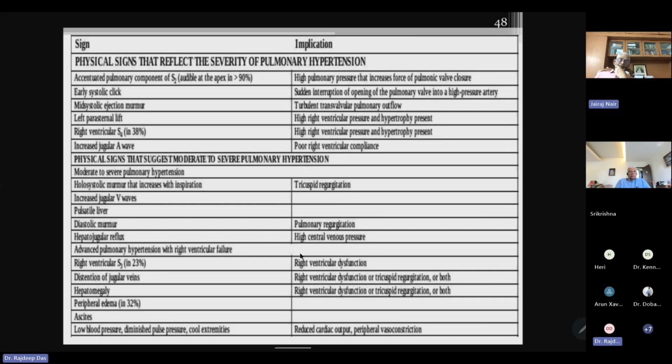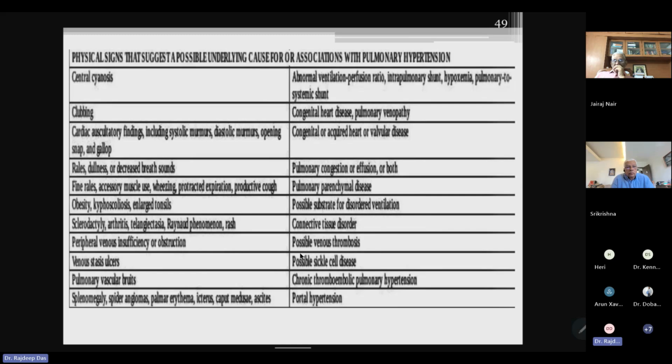In advanced stages, the low cardiac output symptoms predominate. Low blood pressure, diminished pulse pressure, and cold extremities may be present with advanced disease. Physical signs that suggest a possible underlying cause or association with pulmonary hypertension may be central cyanosis and clubbing, which can be associated with any pulmonary to systemic shunt, congenital heart disease.